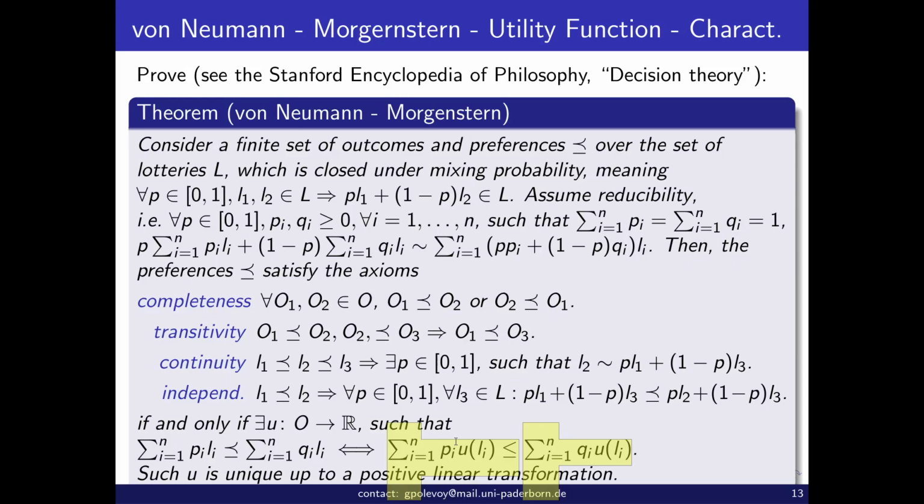So in other words, we are now going to look in detail at natural axioms, which hold if and only if the preferences can be represented as a utility function. As I said, we always assume those things all hold, unless said otherwise. And such a utility, when it exists, is unique up to a positive linear transformation.